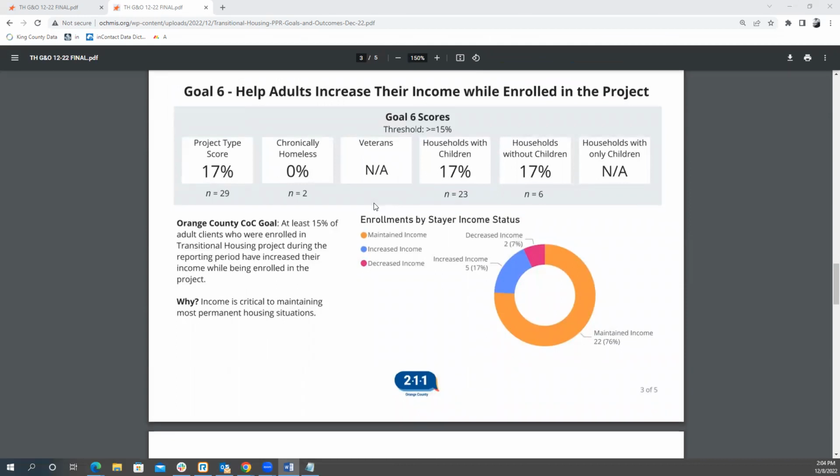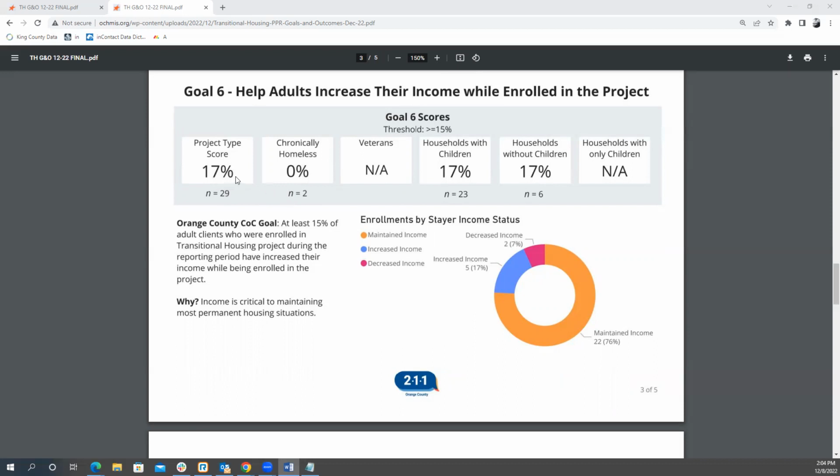Our next measure is adults increasing their income while enrolled in the project. The number of enrollments included in this measure is usually pretty low because they have to remain enrolled for a year or more. And so you can see the number of clients is only 29, and that's why.